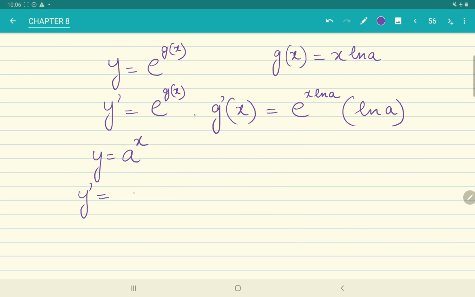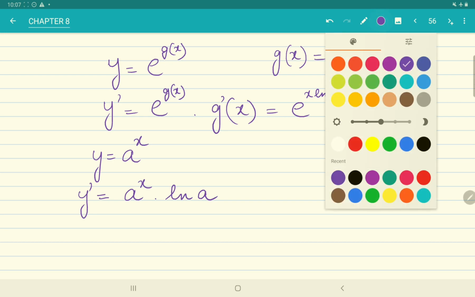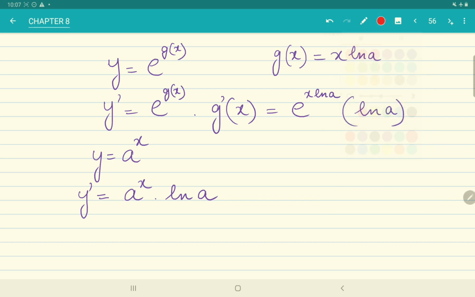So instead of e raised to the power x ln a, I write a raised to the power x, and then I multiply it by ln a. So this is a very important rule: if y is equal to a raised to the power x, wherein please keep in mind that a is greater than 0, a is a positive number, then y prime is equal to a raised to the power x multiplied by ln a. This is a rule to be remembered.